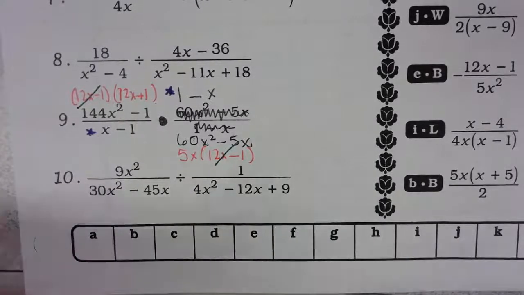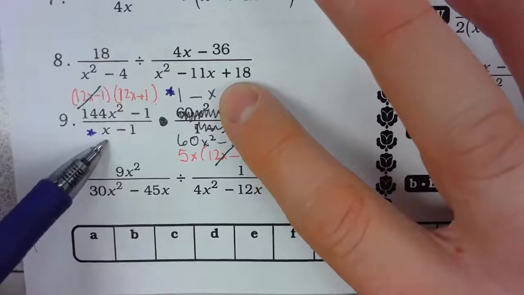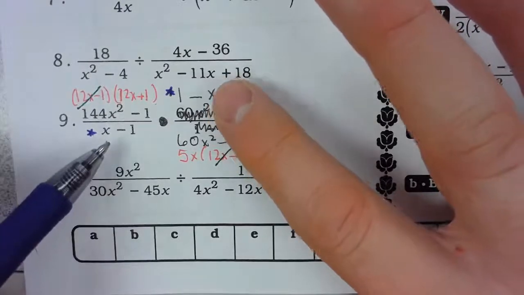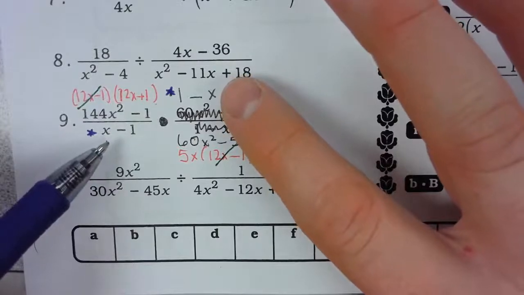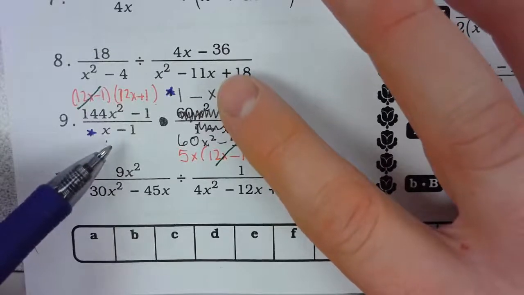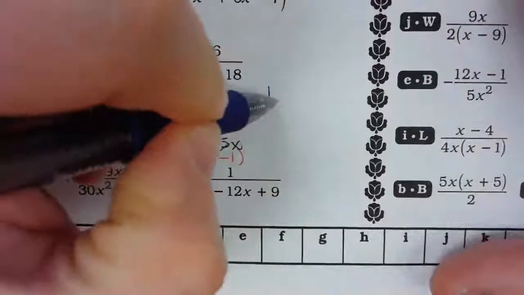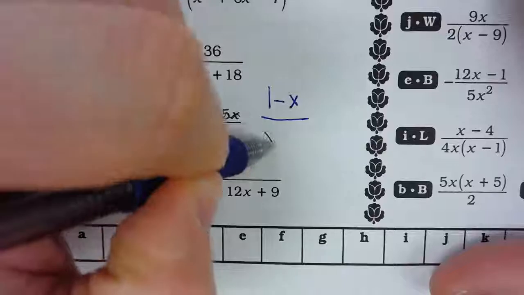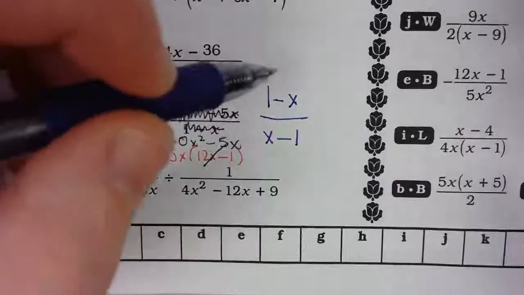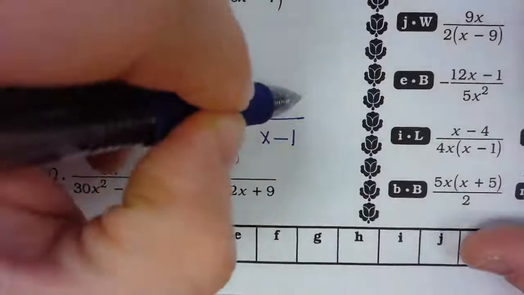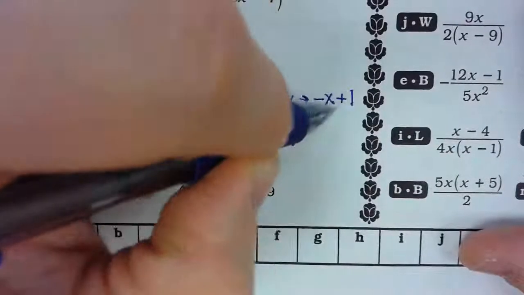But the way that this is written, if you have terms that are switched and a minus sign, they don't reduce to positive 1, but they reduce to negative 1. Let me show you what I mean specifically with these two terms. I had an x minus 1 on bottom and a 1 minus x on top. Let's switch these terms. If I just switch this, see how it's negative x plus 1?